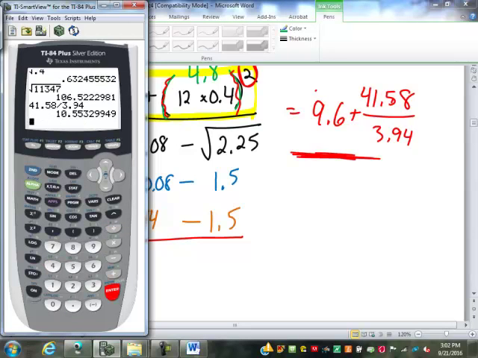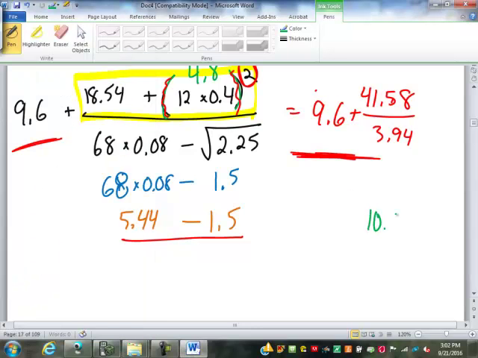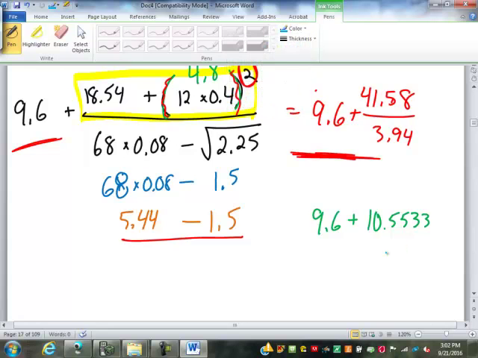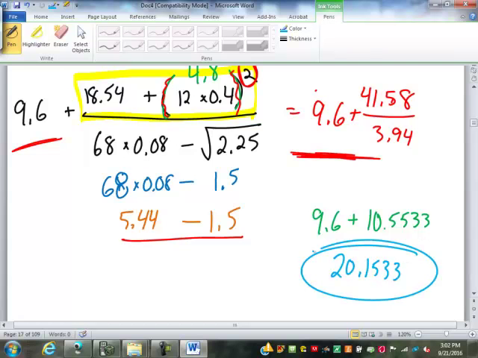Good. Now I'm going to round to 4 decimal places here. That's going to be 10.5533. So we have 9.6 plus that. 9.6 plus 10.55 is going to be 20.1533. Did anybody come up with that?